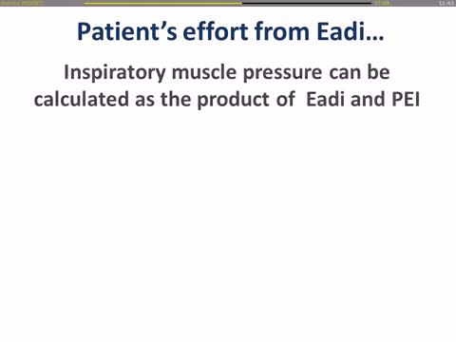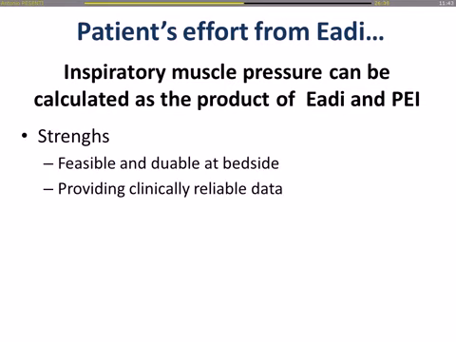Obviously, it is a little bit more complicated than that, but the inspiratory muscle pressure can be calculated as the product between EAdi, the electromyographic signal, and the constant that relates pressure and volts. It is feasible, doable at the bedside, and up to now, it provides reliable clinical data.